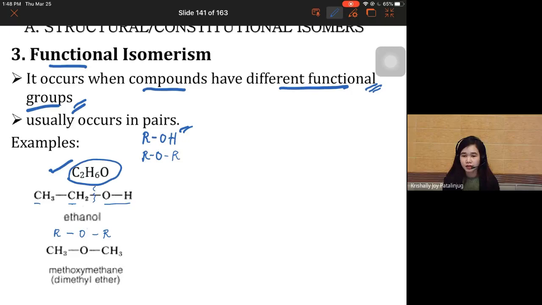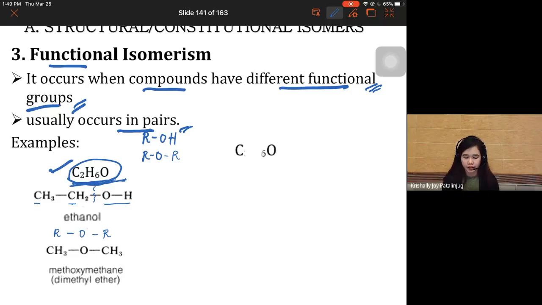So they exist as isomers. They usually occur in pairs. Kapag ang given formula can produce an alcohol, automatic, it can also produce an ether. Yan yung ibig sabihin ng they usually occur in pair. Meaning, magka-pair ang alcohol tsaka ether.